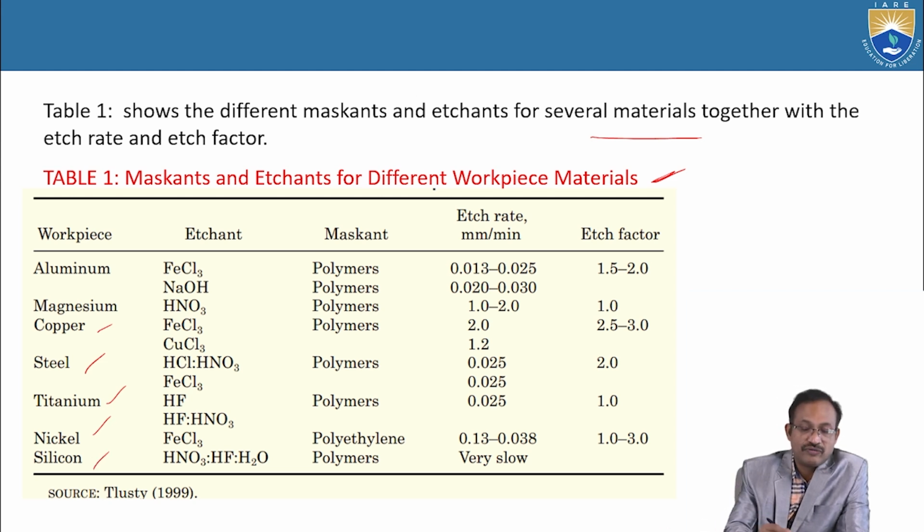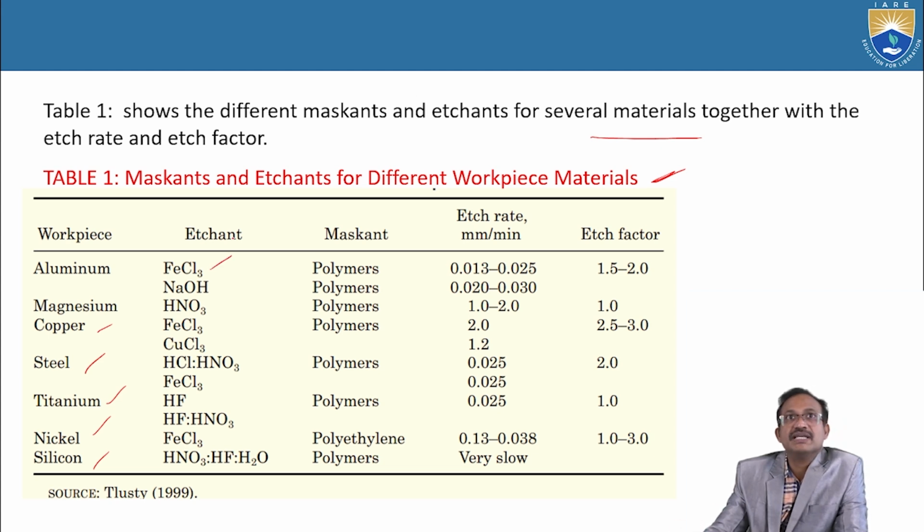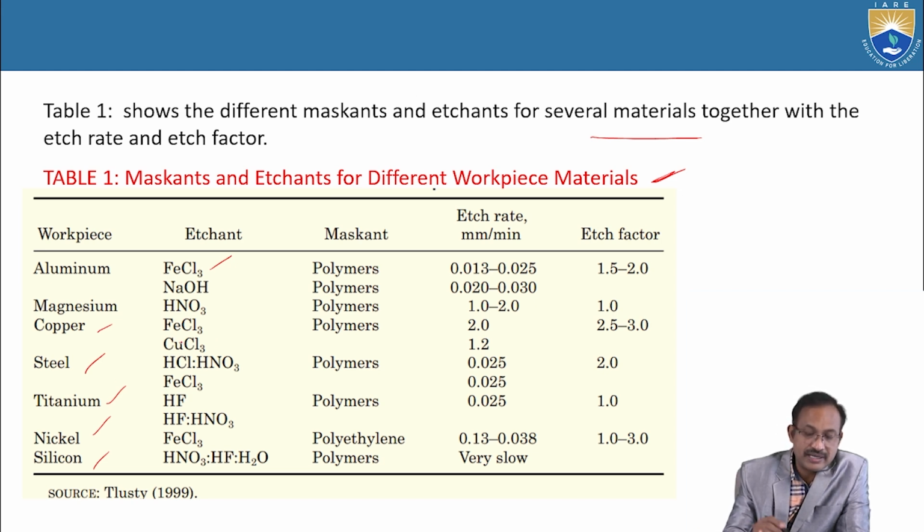For aluminium, the etchant is FeCl3, ferric chloride, and NaOH, sodium hydroxide. For magnesium, HNO3. For copper, FeCl3 and CuCl2 also.